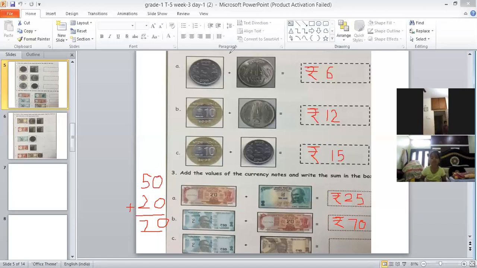I said in last question, how many rupee notes are there? 2 notes are there. Tell me. This is page number 10 of the math course.